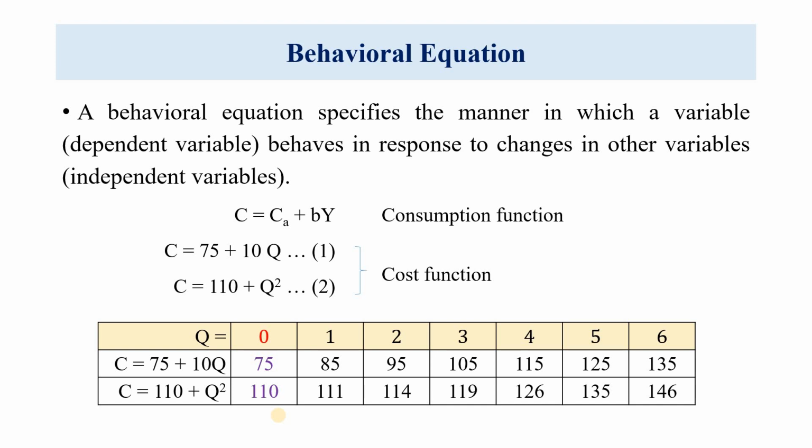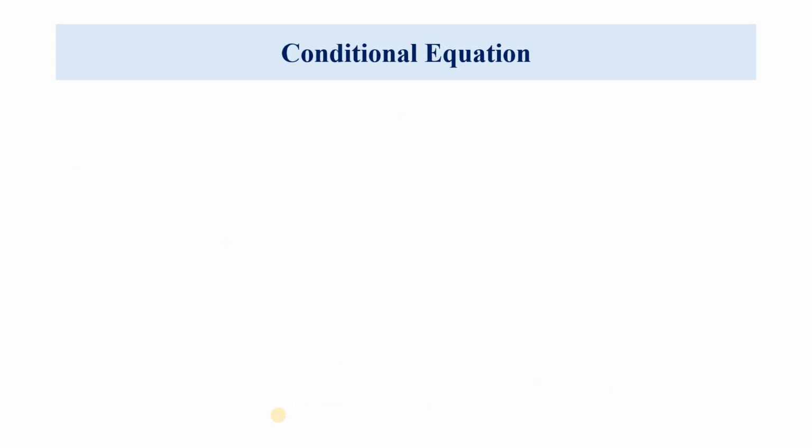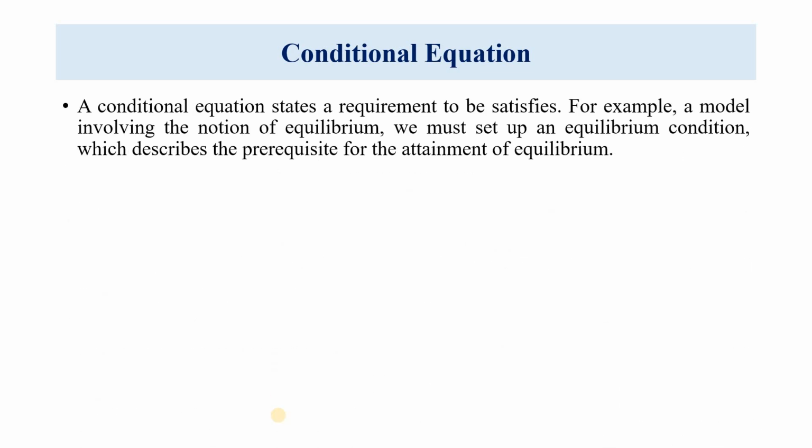It changes 110, 111, 114, 119, so it is increasing with the level of production. So the cost equations show us that in the first one there is a constant increase in the level of cost, but in case of equation 2, there is a rising trend of increasing cost with the level of output.